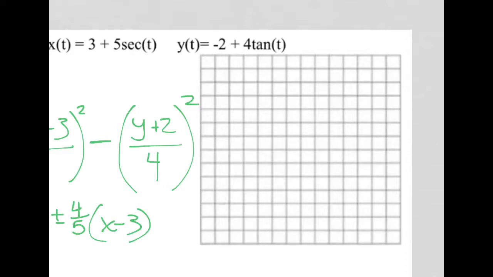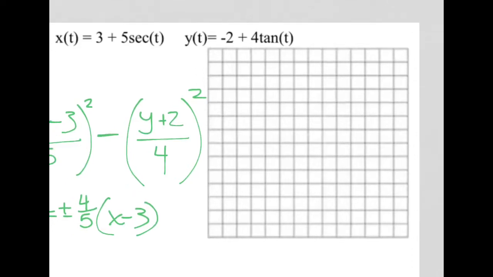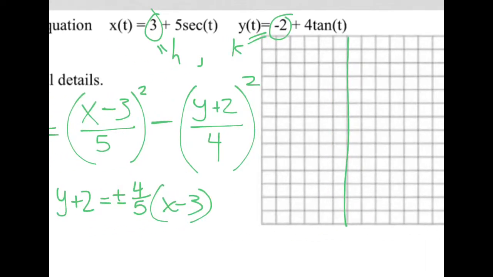So let's graph this now. Look at the x equation to get the value of h. Look at the y equation to get the value of k, the coordinates of my vertex, h, comma, k. So 3, comma, negative 2. Notice in the x direction we're going to be moving 5.